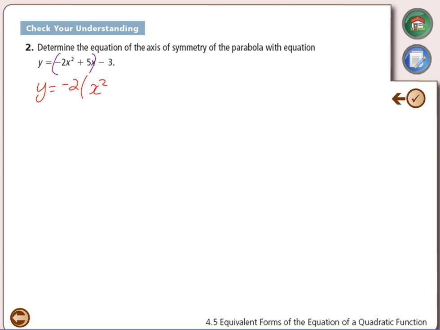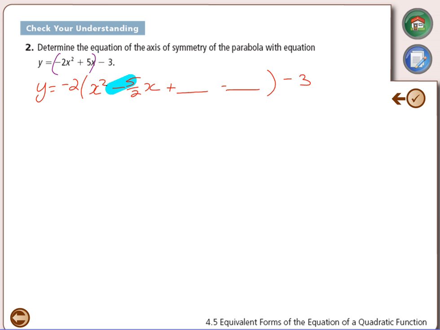Do not forget, this is where the first of a few issues can arise. If you can pass these two main problems, you're probably going to get it right. Factor out the negative 2, leaves you with negative 5 over 2 x. Plus something, minus 3.